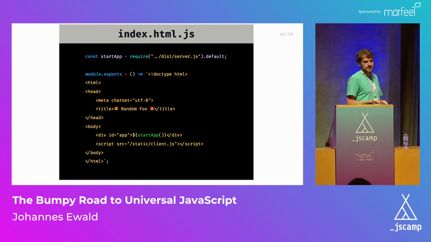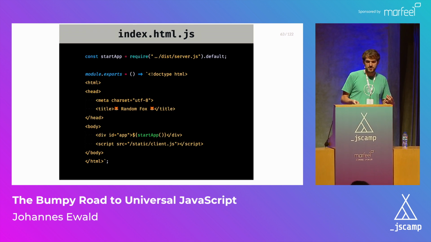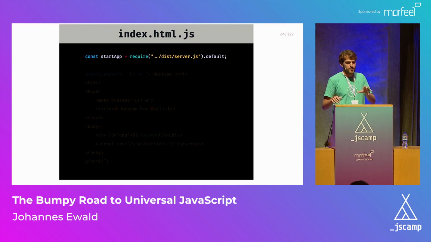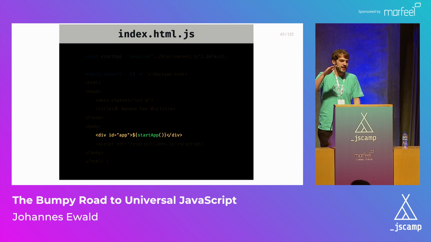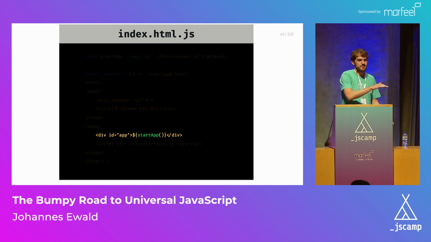And then our index HTML looks like this. We require the server bundle that we just created. If you take a look here, I require from the dist folder. And then we insert the generated HTML at the place where we want to have it in the index HTML document.